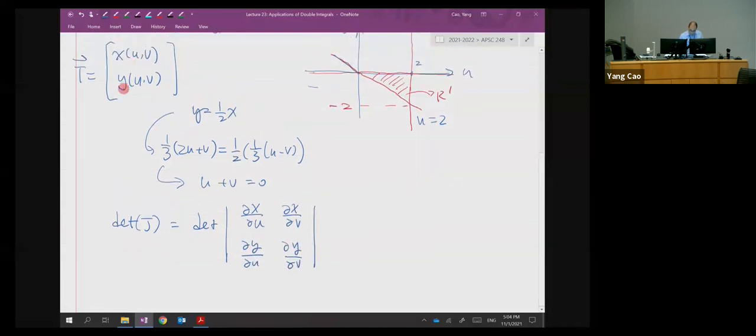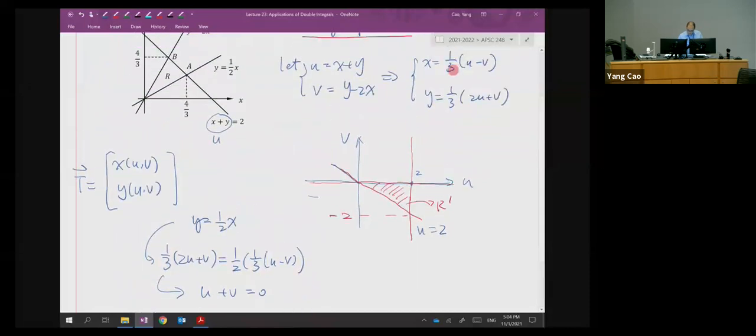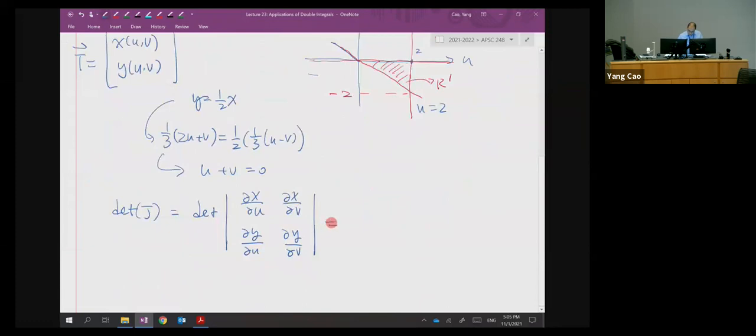Here's your x expression, and this is your y expression. So you calculate the four derivatives. You get 1/3, negative 1/3, 2/3, 2/3. The determinant, you get 4/9. That's a positive number. So this times this minus this times this.